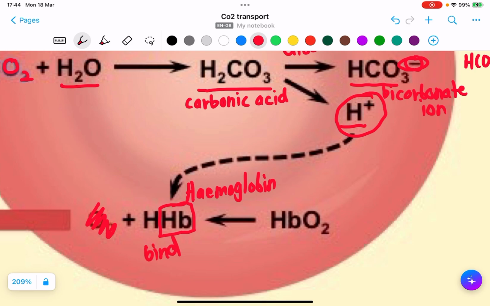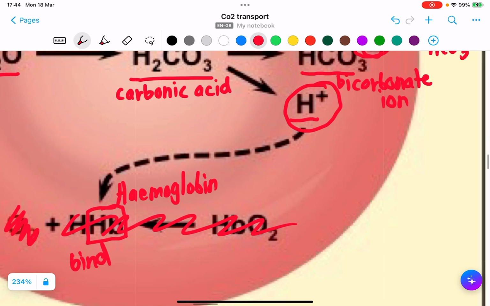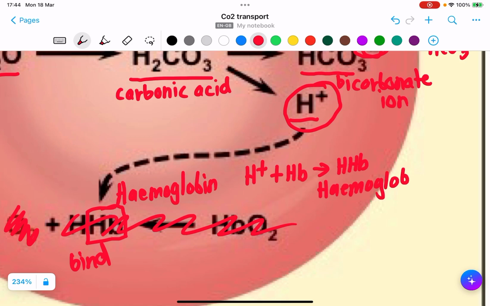So, dia akan menjadi hemoglobinic acid. So, saya tulis barulah sebab ni lain sikit. I'm going to write a new one. So, hydrogen ion akan bind dengan hemoglobin to form HHb ataupun hemoglobinic acid.